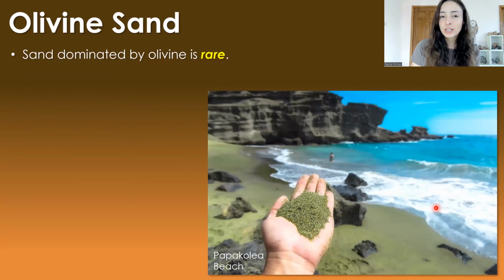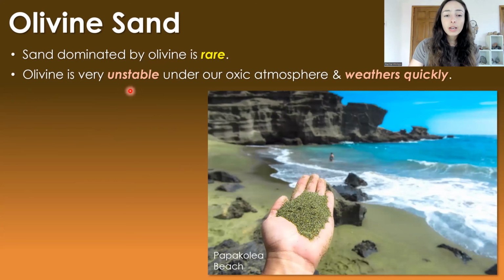Another really beautiful type of sand that I have unfortunately not gotten to go see in person, but hope to eventually, is olivine sand. Now, olivine is a green ultramafic mineral. That just means a very dense igneous mineral that is very unstable under oxic atmospheric conditions, or our well-oxygenated atmosphere, and therefore weathers very quickly.